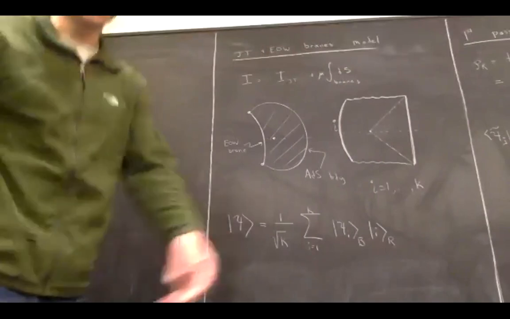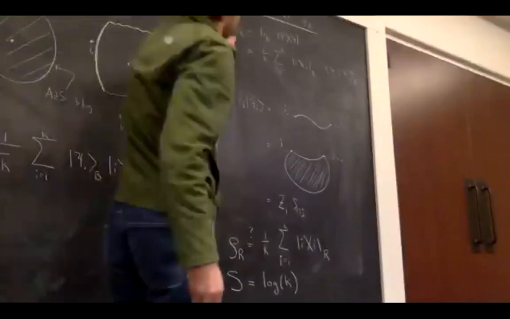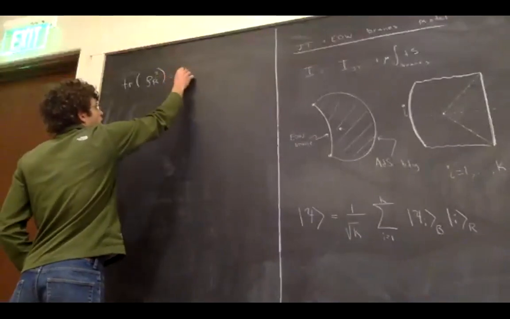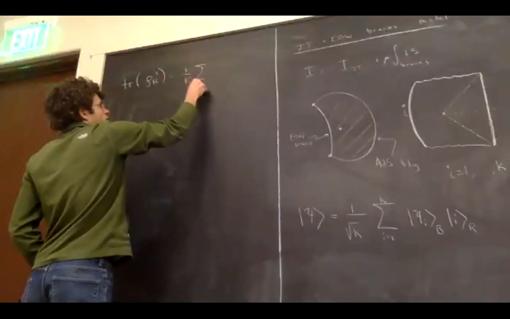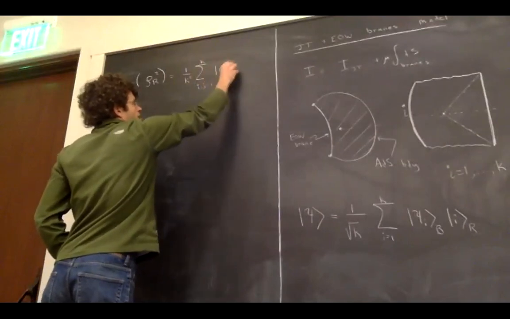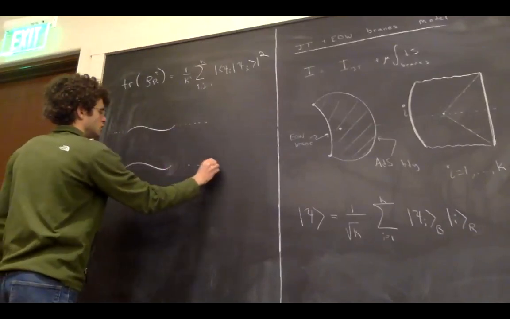If you start with the formula for rho over here, then you find trace rho squared is equal to 1 over k squared sum over i and j of psi i psi j, and the following.